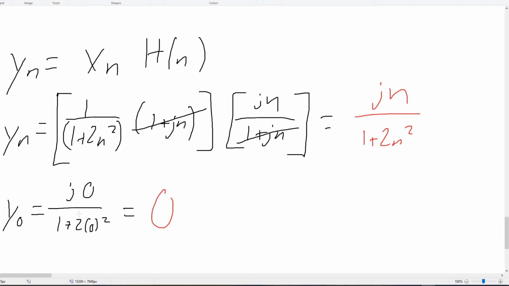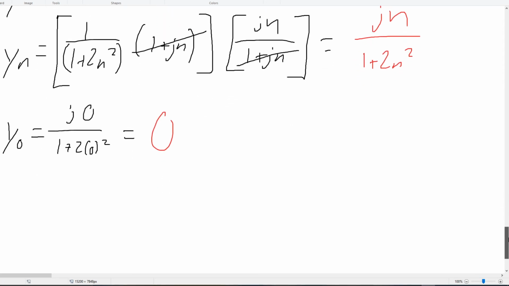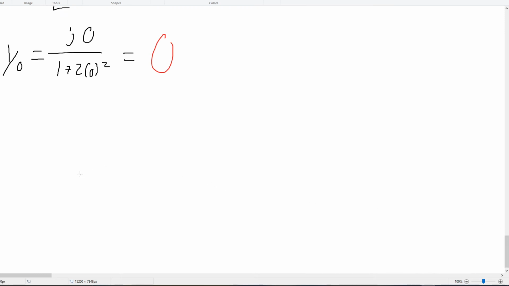Absolute value of yn. Let's go with that. That's the next part. We're almost done with this problem, guys. Don't worry about this. Absolute value of yn is equal to the absolute value of xn times the absolute value of hn.